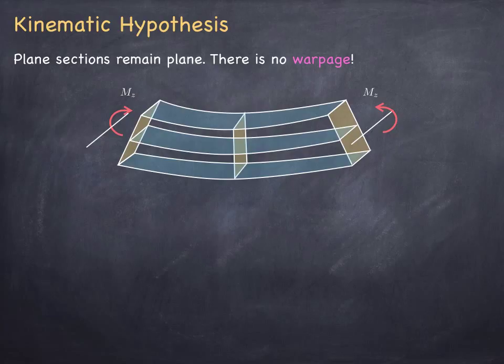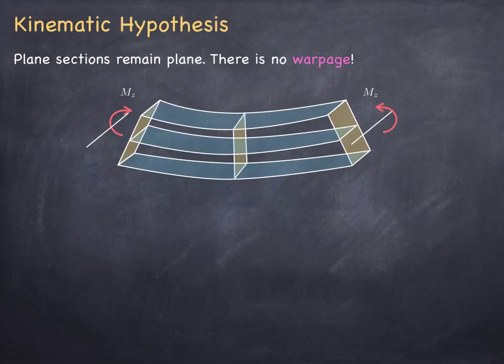So for example, if we have a rectangular cross-section prior to deformations, prior to the application of the moment, then after the application, this rectangular cross-section will remain a rectangle. In fact, it is going to be the same size rectangle, not a warped version of it, not a smaller version of it, not a larger version of it.